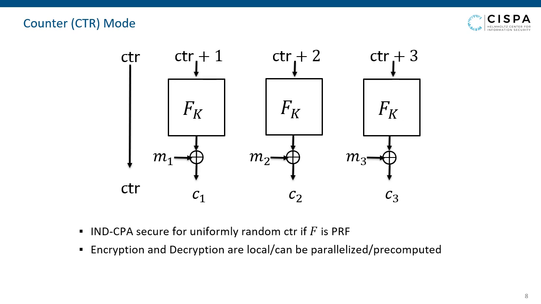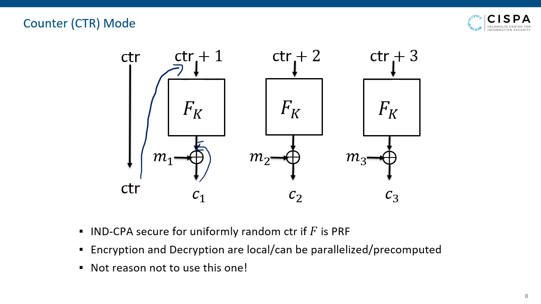How do you decrypt? To decrypt C1, what do you have to do? Well, you first take the counter, it's part of the ciphertext, compute counter plus 1, pass it through your FK to get this value here. And now if you XOR C1 and this value together, obviously you get back M1 and so forth.